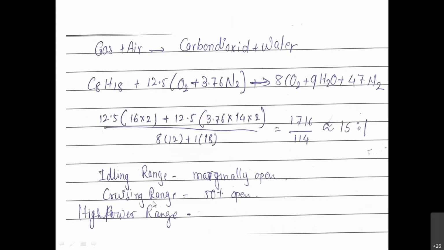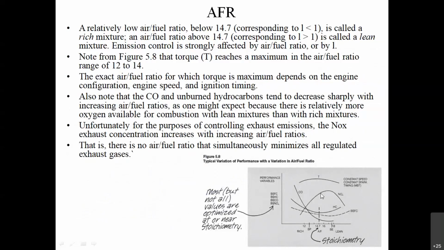So here one more graph is there, showing how your air fuel mixture is affecting the torque. The performance we have considered here is the torque generated by the engine. At constant speed and constant spark timing, this is represented as the torque behavior, and you can observe that at this 14.7, at stoichiometry, we are getting the maximum torque. Apart from those, there are few more curves represented.